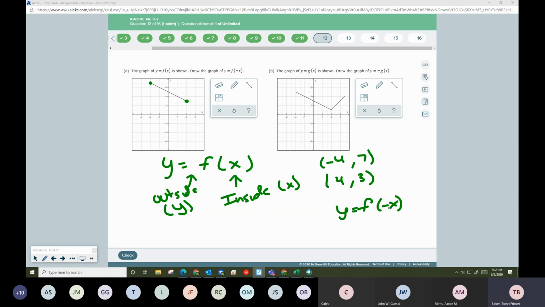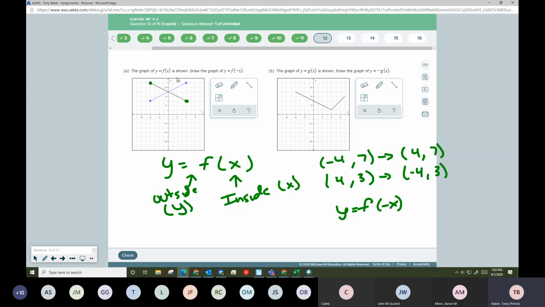So that's on the inside. So I'm going to change my x values. So this becomes 4 and 7 and -4 and 3. So all I'm doing is changing the signs of my x value. So when I graph it, I put a point at 4 and 7 and -4 and 3. And then I connect my dots.